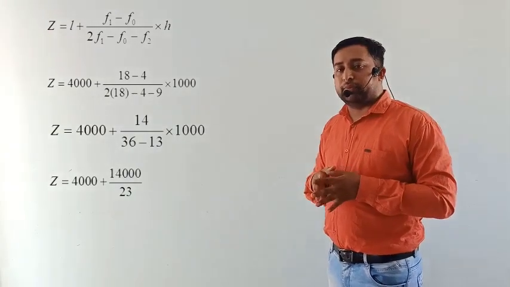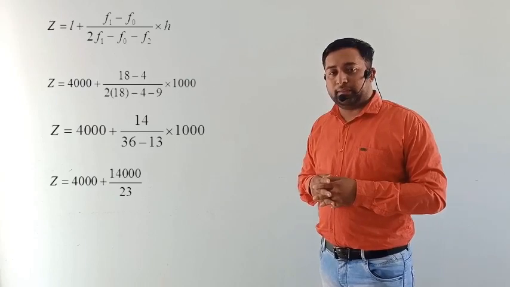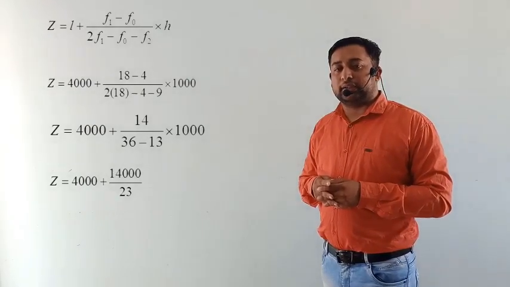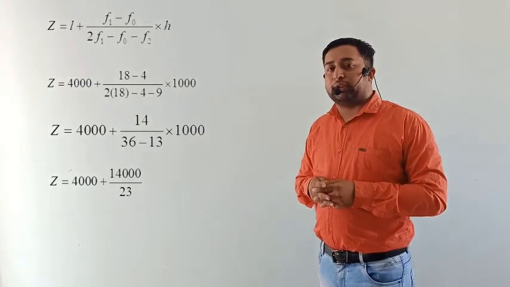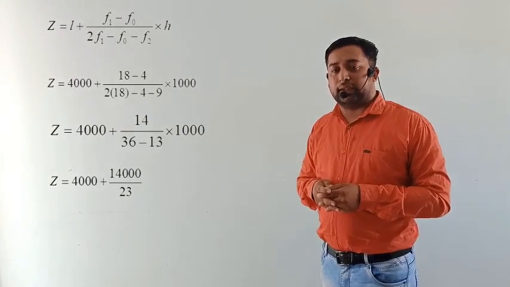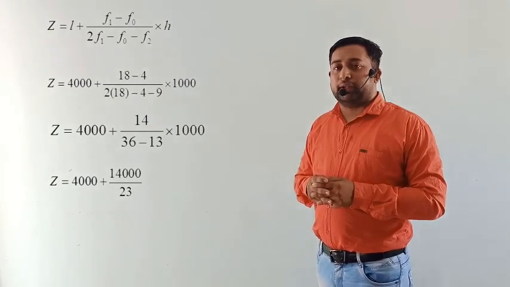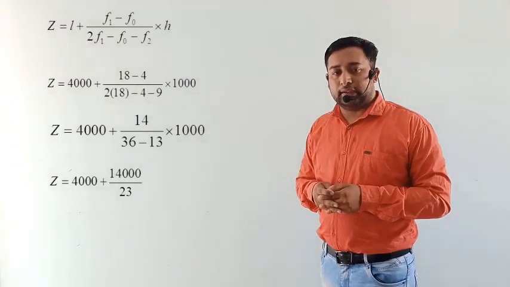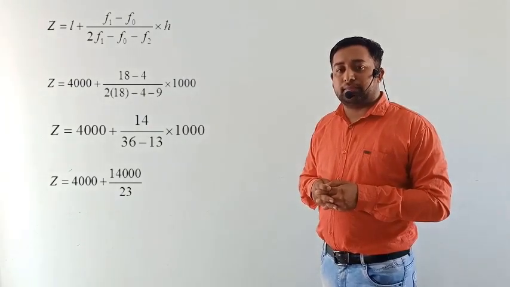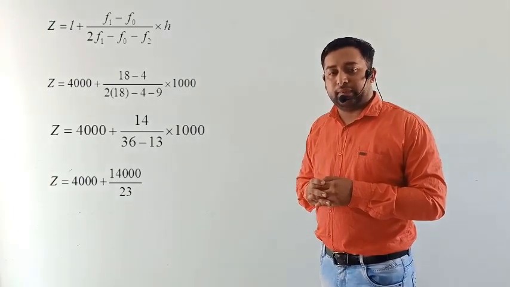Now in the numerator, 18 minus 4 is 14, denominator 2 18s are 36, minus 4 and minus 9, minus 13, multiplying with 1000. Now 14 multiplied with 1000, 14,000. In the denominator, 36 minus 13, 23.